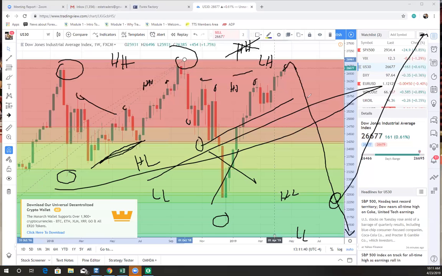So the 22,250 level is a projection from the current high. From the current high, of course, based on supply and demand, they need to retest certain price points.